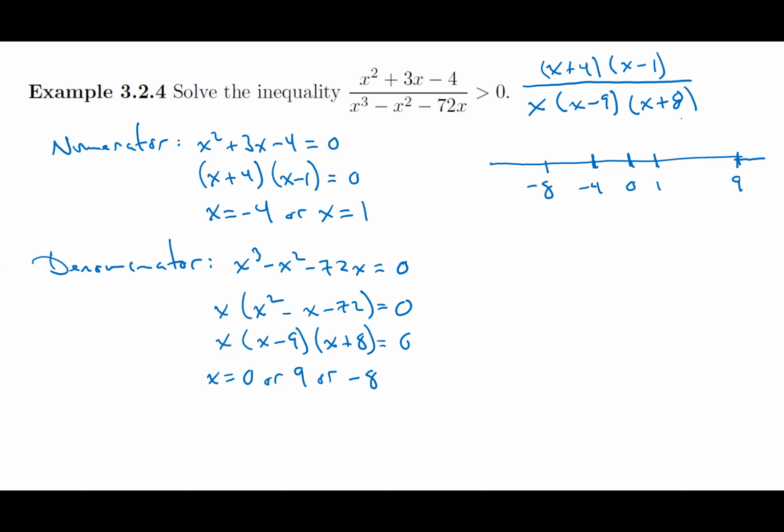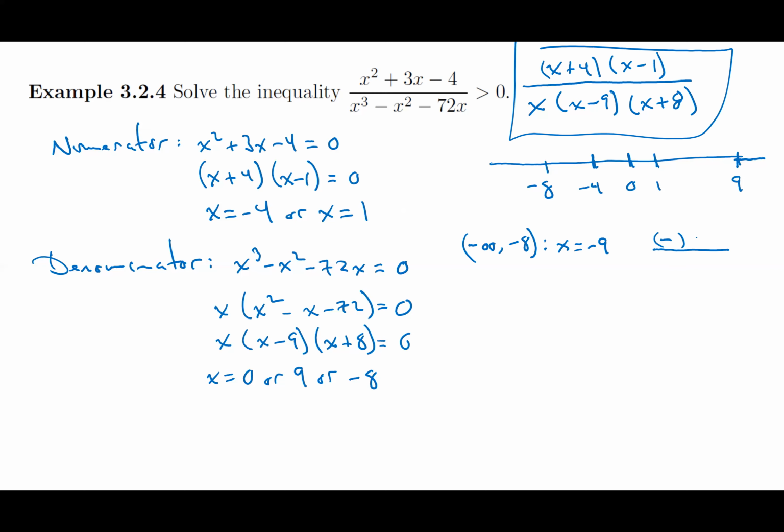Okay, so here's my first interval. Negative infinity, negative 8. So choose a test point. I'm going to choose negative 9. Now watch what happens. When I plug negative 9 into, and again, I'm always coming back to this quotient here, my numerator, well, negative 9 plus 4 is negative.